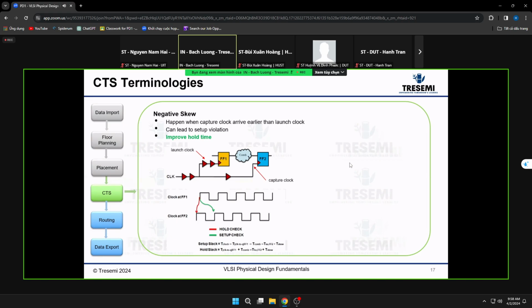We haven't talked about skew groups yet, but if the global skew happens to be in the same skew group, then it's going to be hard to close setup time. So it's also dependent on positive and negative skew. But basically, if you have a smaller skew, it's much easier to close timing versus a bad clock tree where you have huge clock skew.